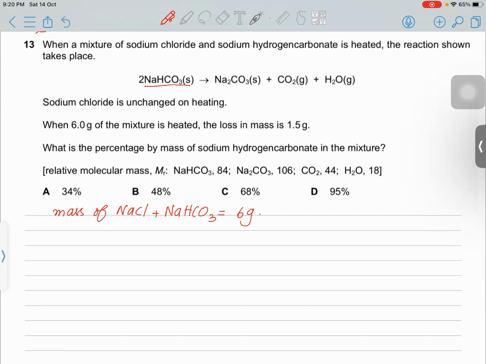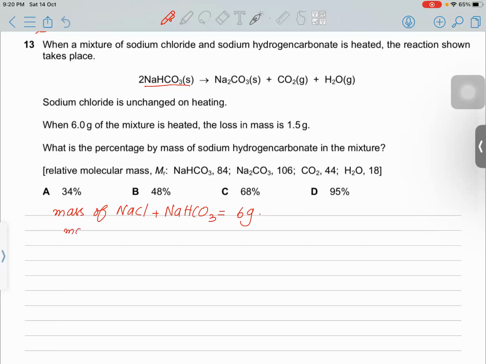Can anyone tell me why this mass is lost? Sir, it changed into gas. Exactly, because it converts into gaseous product. So gases escape easily. So the reduced mass is because of the production of gases.